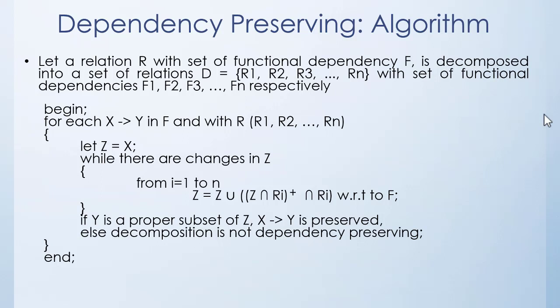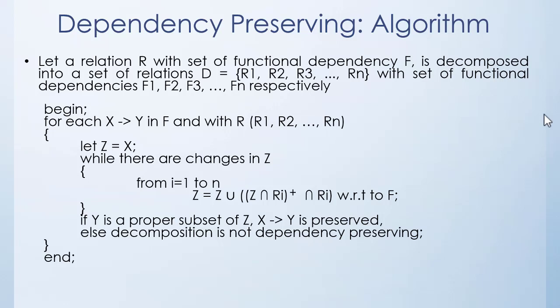But keep in mind, this algorithm takes polynomial time to compute, so checking whether a decomposition is functional dependency preserving is not an easy job. Let us take some examples and see how we can determine it.